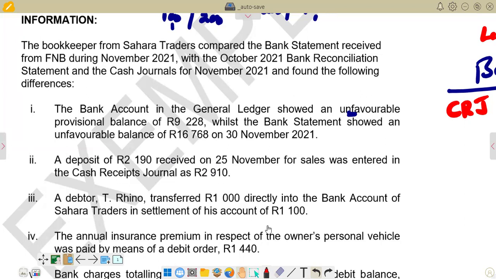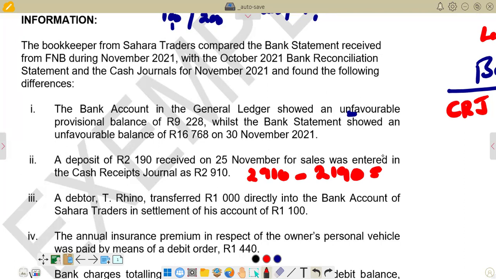So it was overstated. We can just calculate to see by how much. We need to say 2,910, and then we subtract 2,190. Obviously, now we are going to get 720.